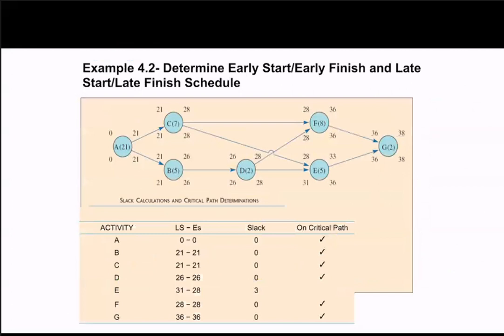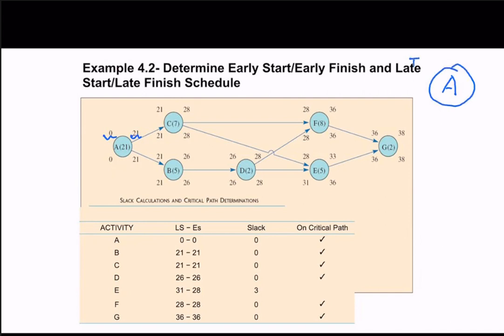And let's take a look at the example here. First we need to start with the ES and EF. By the way, for an activity here, we use a circle. The ES will be the above left side, and this is the EF, and this is the LS and LF.